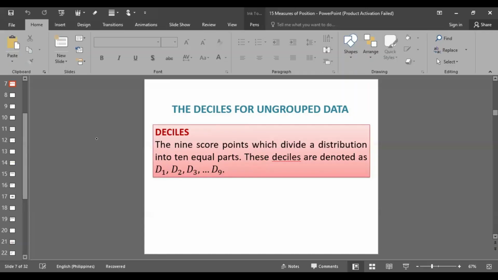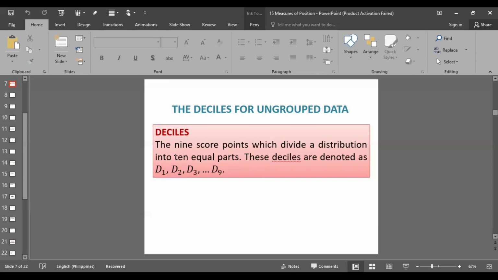Okay, so in locating the positions of quartiles for ungrouped data, we use the Mendenhall and Sincich method. This time, we will be dealing with deciles and percentiles, and we will still be using the Mendenhall and Sincich method. So let's get started.